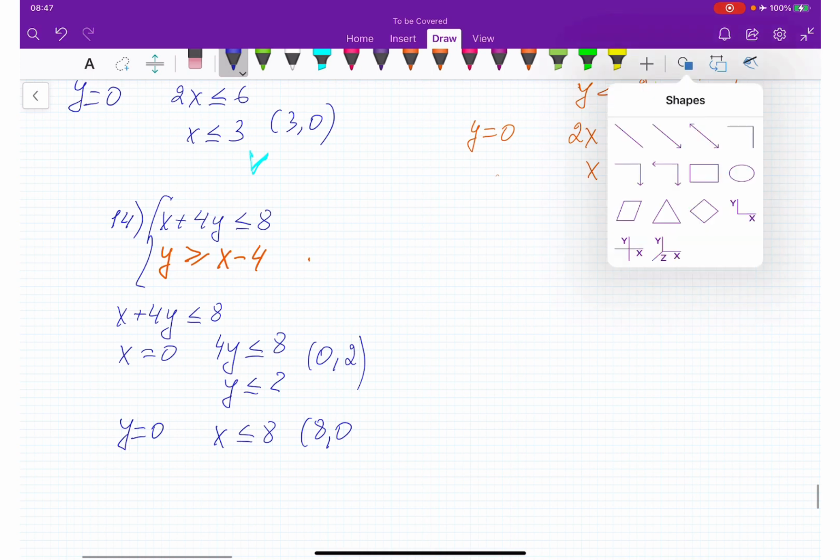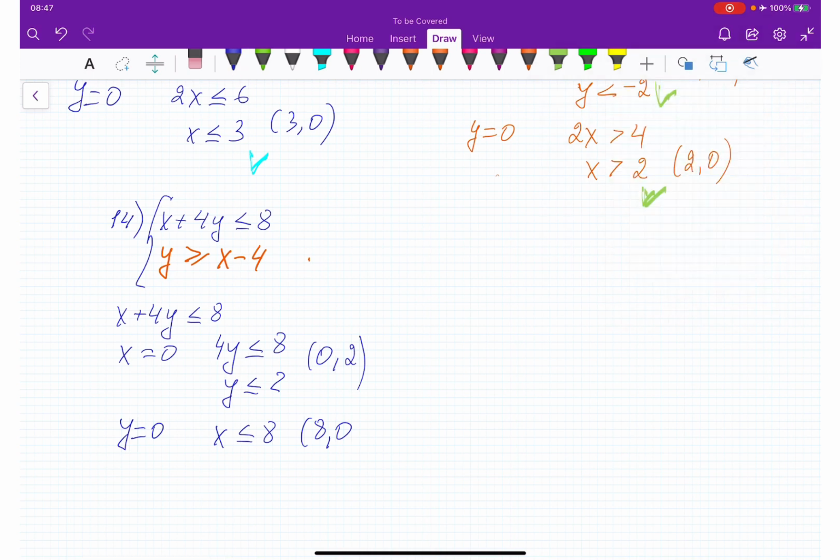Okay, let me prepare the graphing environment. Okay, oops.